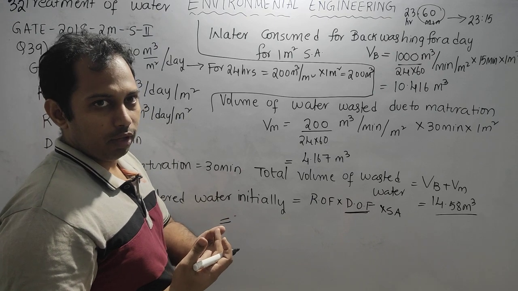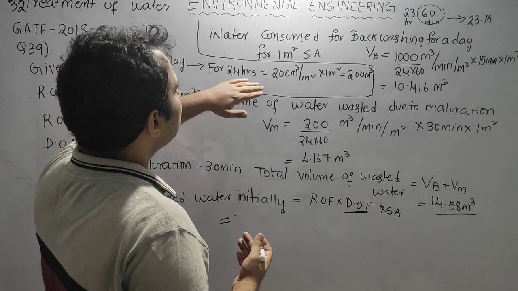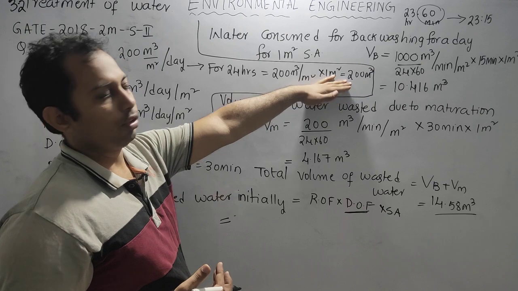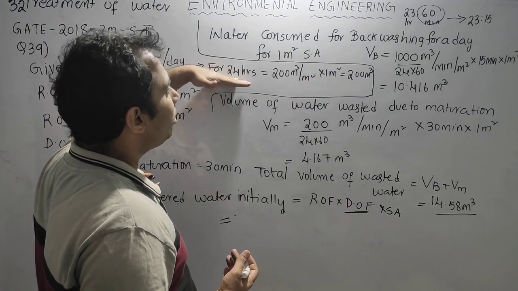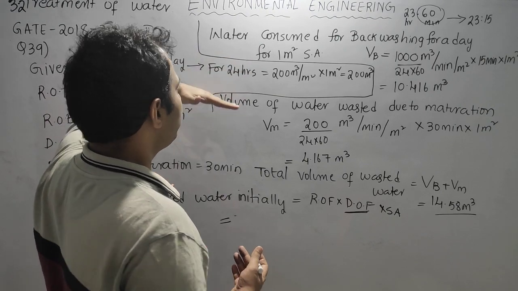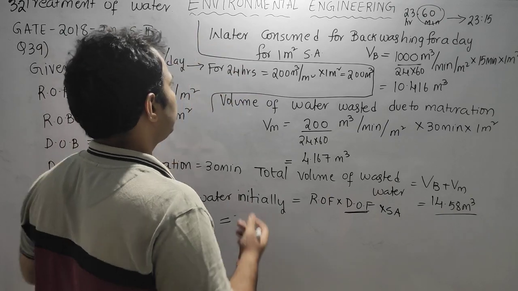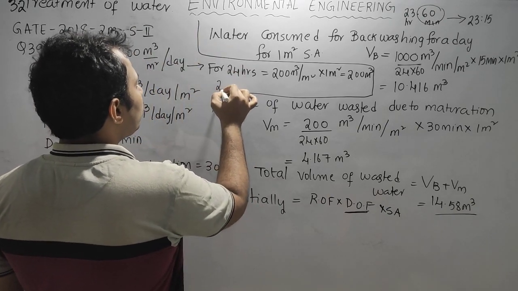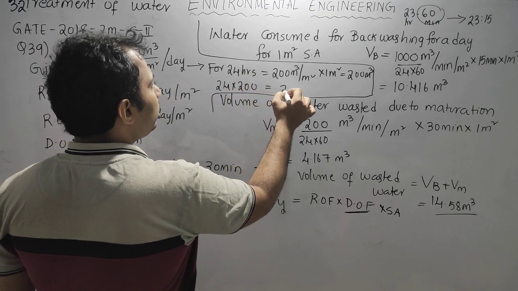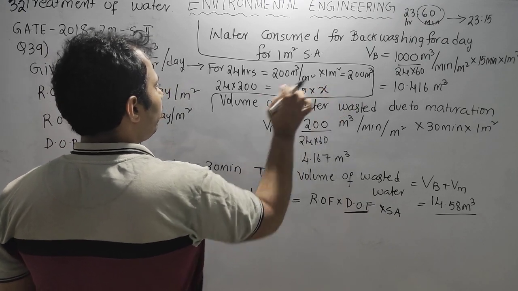Are you getting what I am saying? So you need to bring this much of water, 200 meter cube per meter square. If I reduce the time, then the rate of flow should be increased. So 24 into 200 should be equal to 23 hours 15 minutes into some x. This is the rate of flow needed.